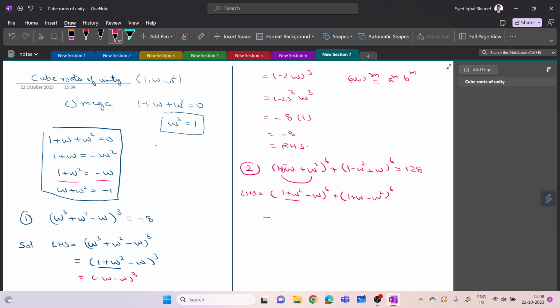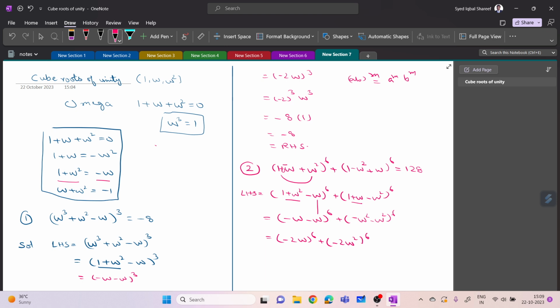So 1 plus omega square is minus omega, and 1 plus omega is minus omega square, so minus omega minus omega is minus 2 omega to the power of 6.